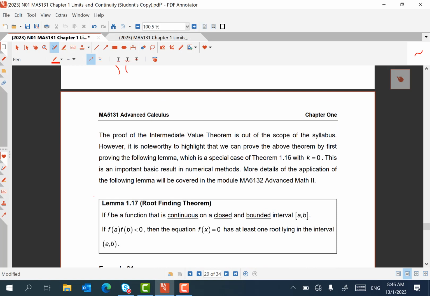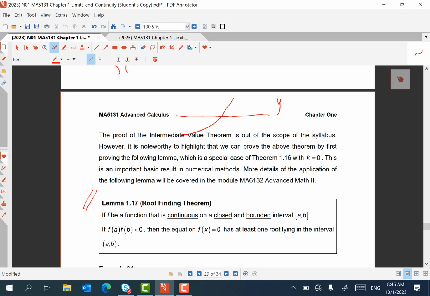I am not sure if you have learned about so-called numerical methods before. Have you learned numerical methods before? Now, this theorem is actually sometimes used to locate so-called roots. When we say roots, what do we mean?